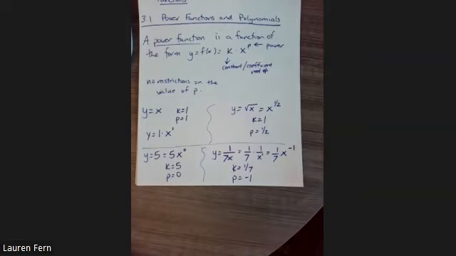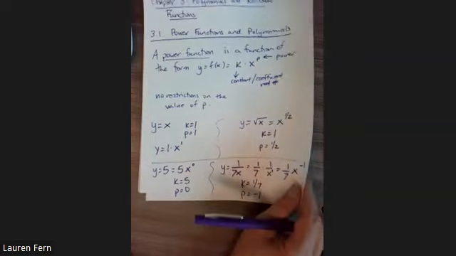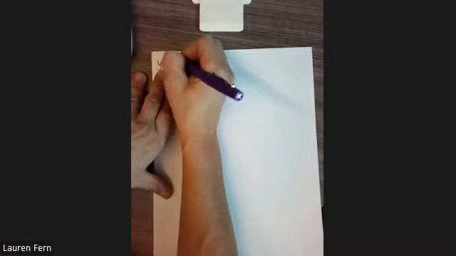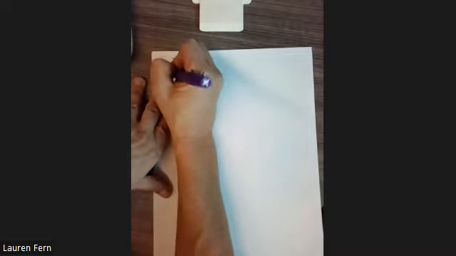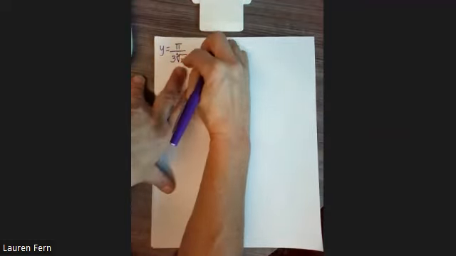All right, one more just to get us going. What if I have something super ugly like this? y equals pi over 3 times the 5th root of x. Well, why don't we separate out our constant from our variable part?